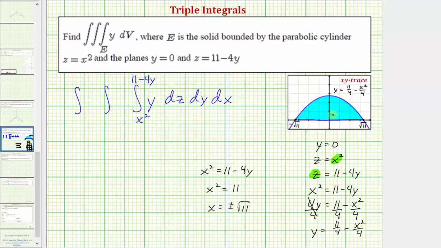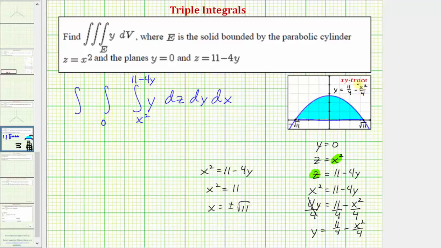And now we can use this area here from the xy trace to help us determine the limits of integration for y and x. Notice how this area is bounded below by y equals 0 and above by 11/4 minus x squared divided by 4, which gives us the limits of integration with respect to y. The lower limit of integration is going to be 0.